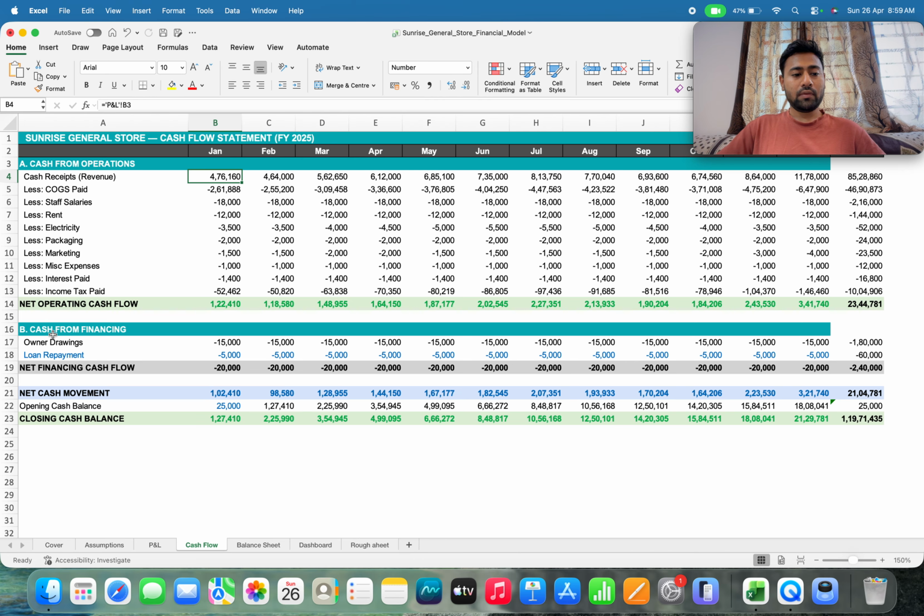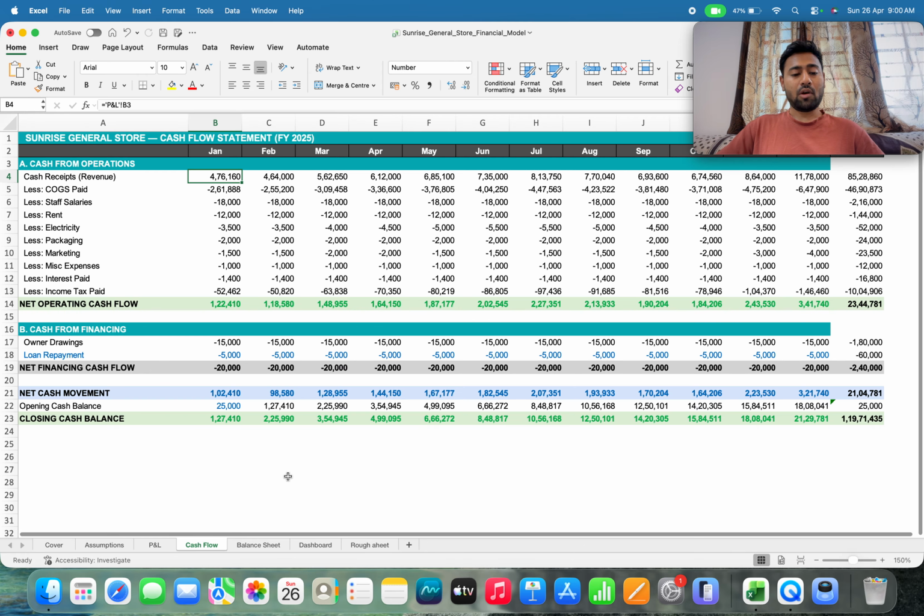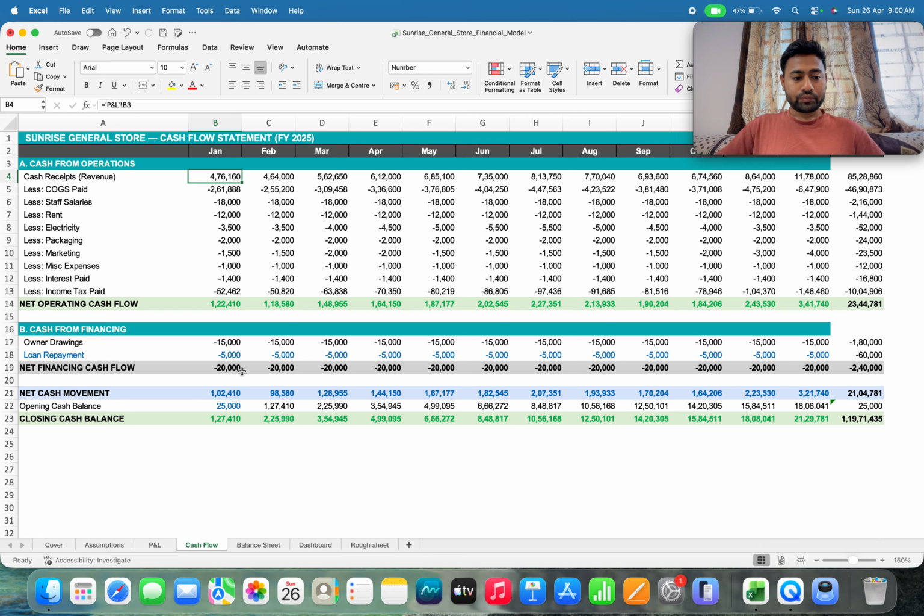After this, we calculated the cash from financing. We are assuming we are doing drawings of 15,000 as we have seen from there, and also we are repaying a loan amount of 5,000 per month, as we have an outstanding loan of 120. So net financing cash flow is minus 20,000.